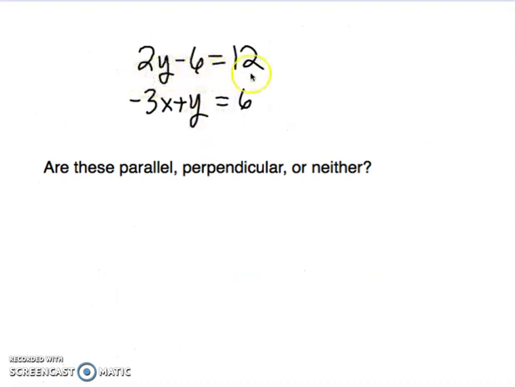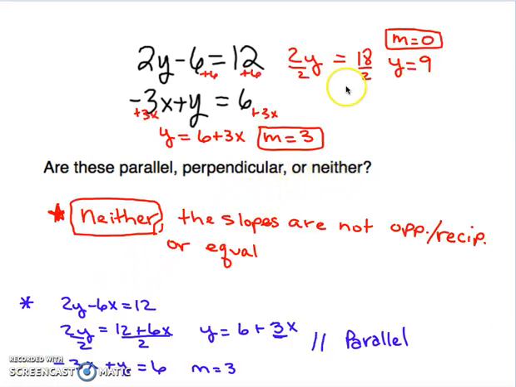Here's one example for you to try out and see if you can figure out if these would be parallel, perpendicular, or neither. So go ahead and see if you can figure that out now. So for this set of equations, these would be neither, because this one has 0 slope, this one has a slope of 3.